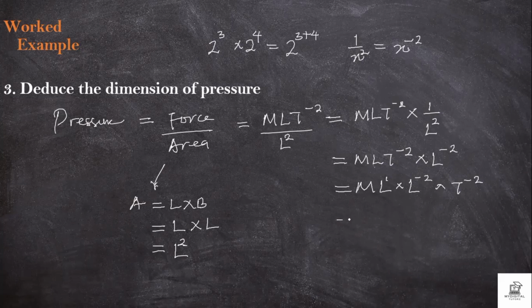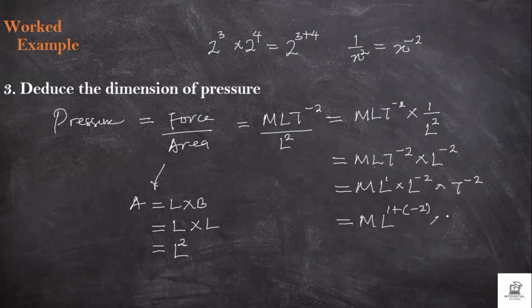So in that case, I'm going to have ML raised to power 1 plus into bracket minus 2 times T raised to power minus 2. That will give us ML, that is 1 minus 2, which will give us minus 1, then T minus 2.